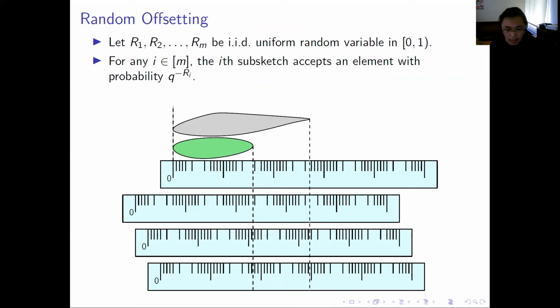We are trying to measure the length of objects using multiple rulers, but each time we measure, we pre-offset the ruler. If you see the green object, this ruler gives a large variance, medium variance, small variance. And if you look at the gray object, this gives a medium variance, large variance, small variance. So with the random offsetting, no matter what the length of the object is, on average it always gets an average variance.